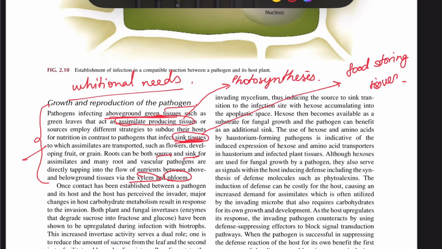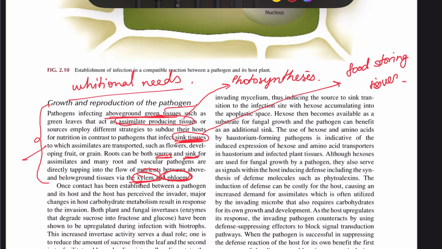That is the sink tissues. Now, roots are special because they can act as both source and sink depending on the plant's need. Many roots and vascular pathogens means what? The pathogens which infect both xylem and phloem.